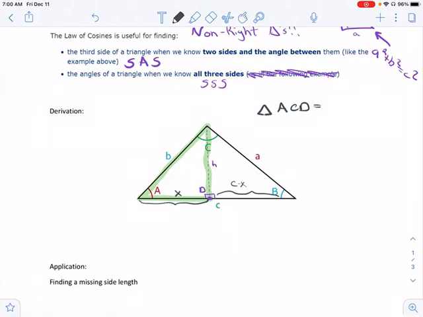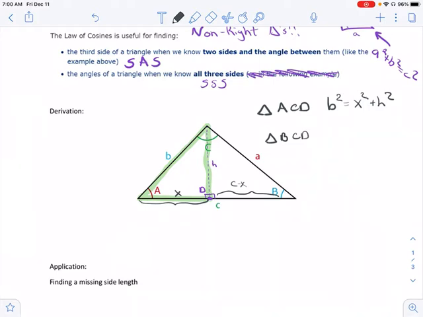I could say, all right, that is going to be b squared equals x squared plus h squared, right? That's just our Pythagorean theorem at that point. I can get that from triangle ACD, and that's the triangle on the left. The triangle on the right, I can call triangle BCD.